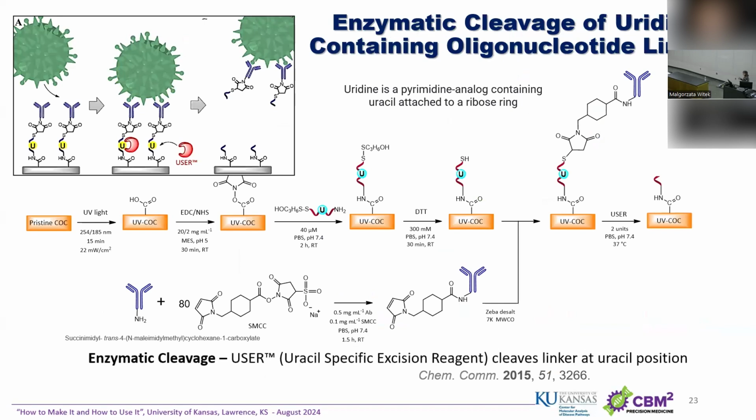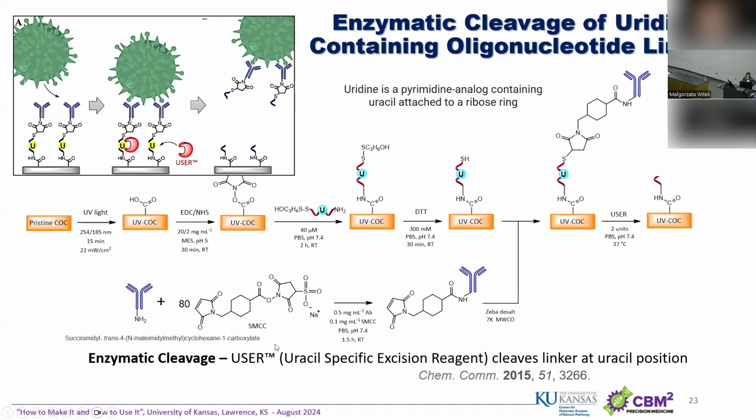So, we know how to directly attach protein to the surface. Now we can design that chemistry, and this is exactly what we did here. We created what's called a cleavable linker between the antibody and the surface. You introduce a linker that you can cut.